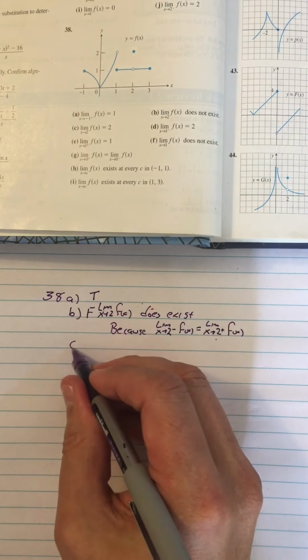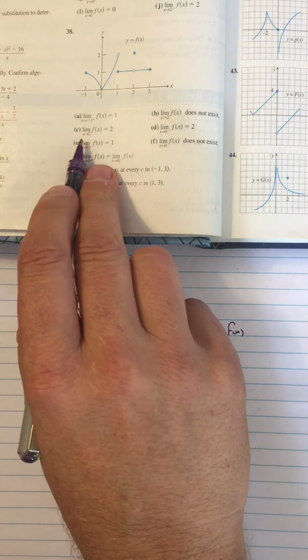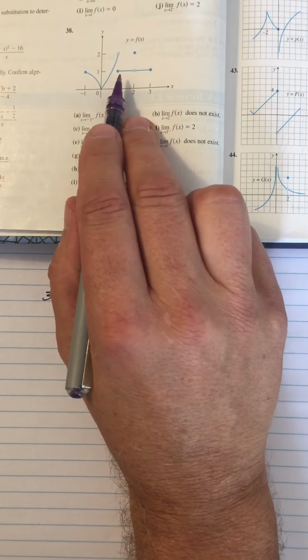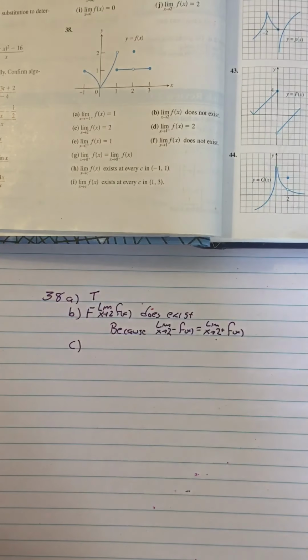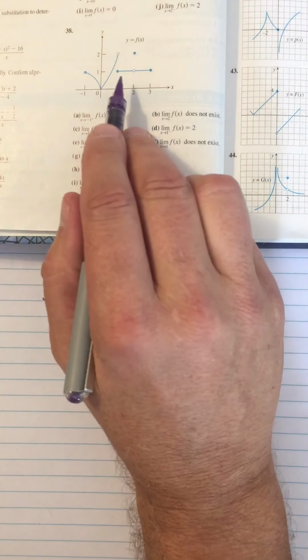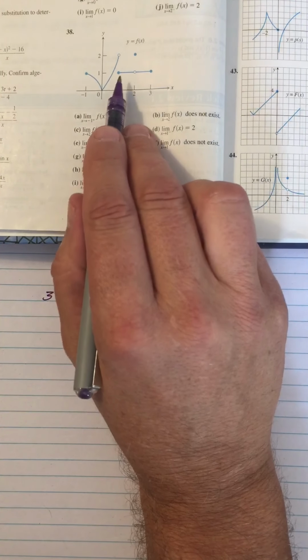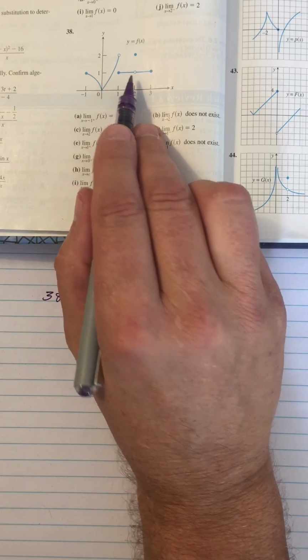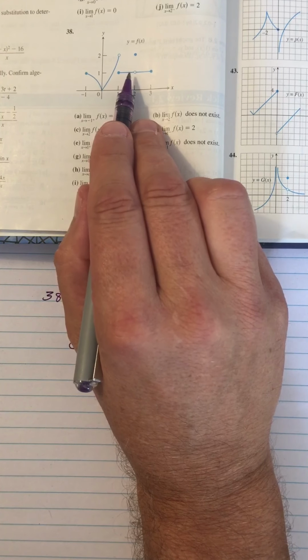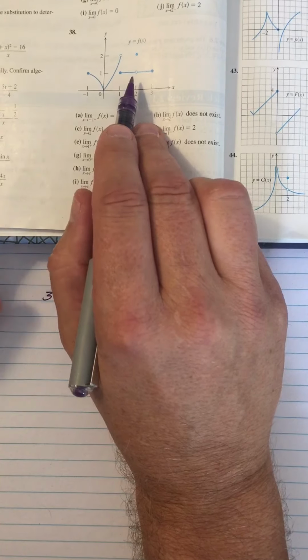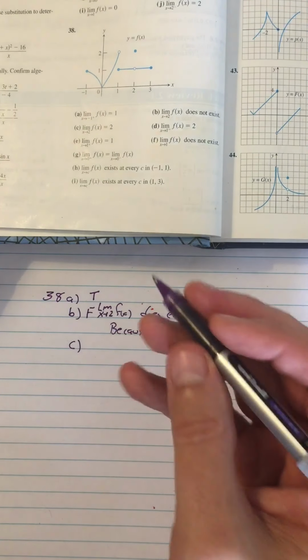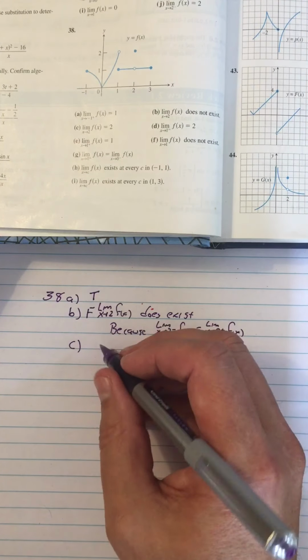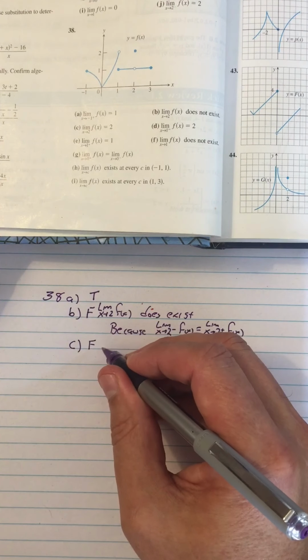Okay, part C says the limit as x approaches 2 is 2. Is that true? No, it's not. The f of 2 is 2, but the limit as x approaches 2 is 1, because in the limit, x is not equal to 2. So we're just looking at the points just outside the hole. In the points just outside the hole, you have 1, not 2. So part C is false.